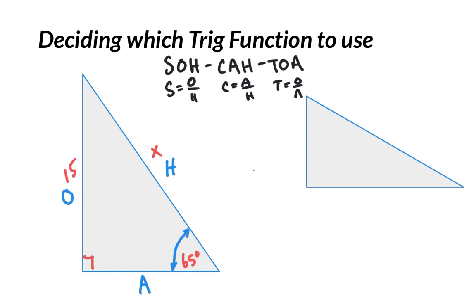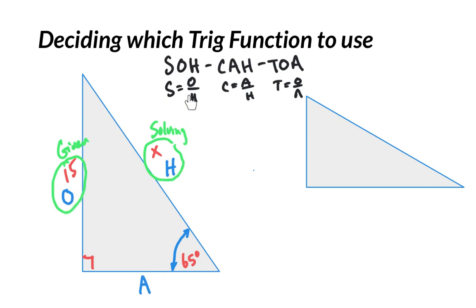So now I look and I say, well, I was given the opposite side. I'm solving for the hypotenuse side. So I put S for solving, given. Then I go up here, O and H. You notice I don't have the adjacent, nor am I being asked to solve for it.